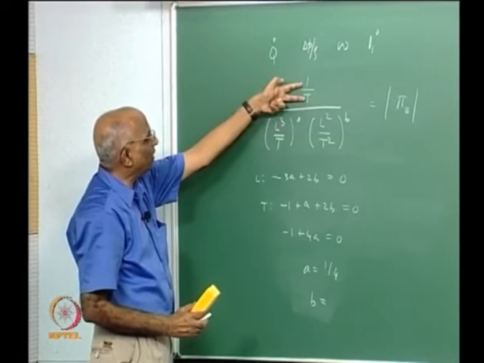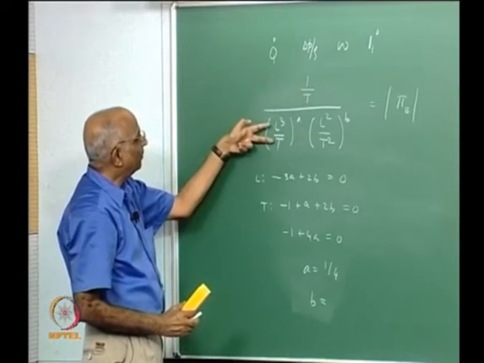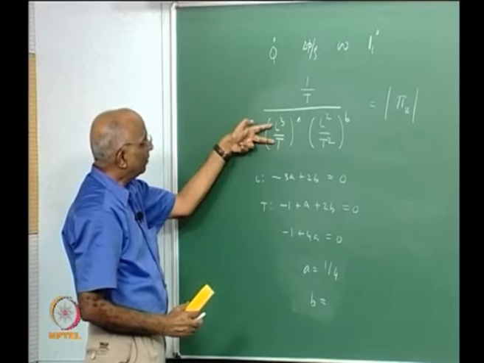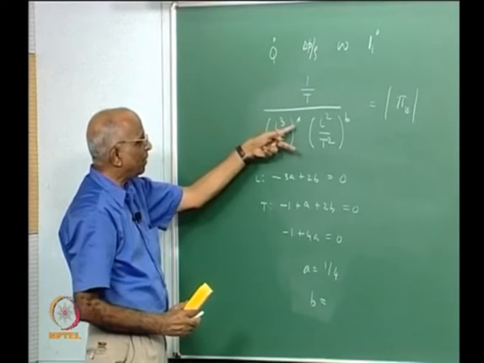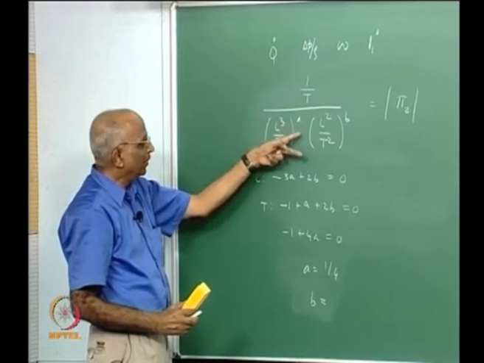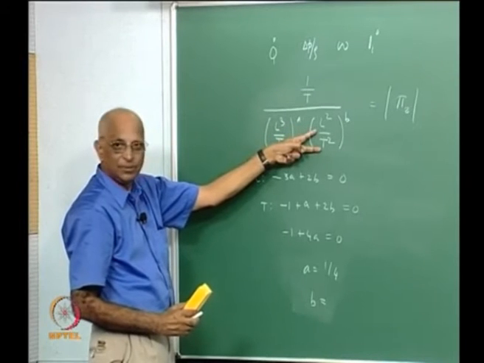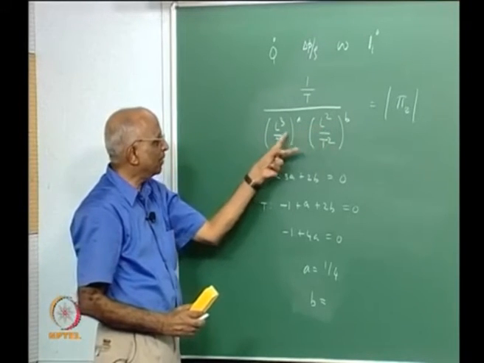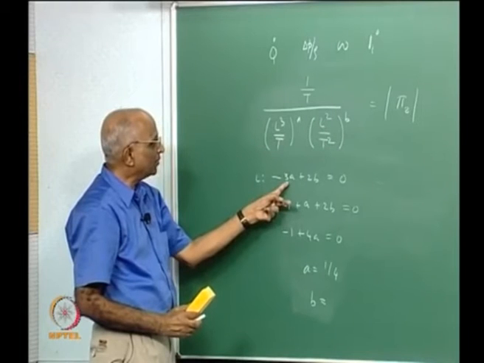You have omega 1 over t, you have q dot is L cube by t to the power a, and you had L squared by t square to the power b.